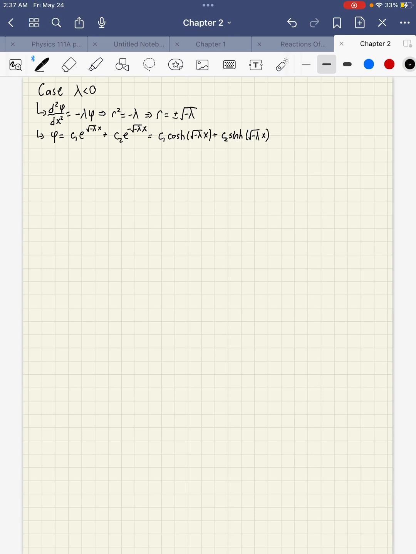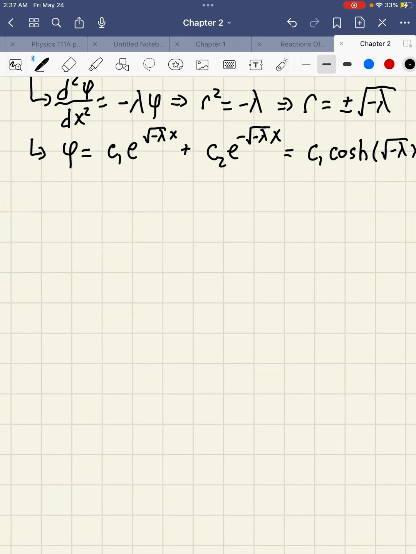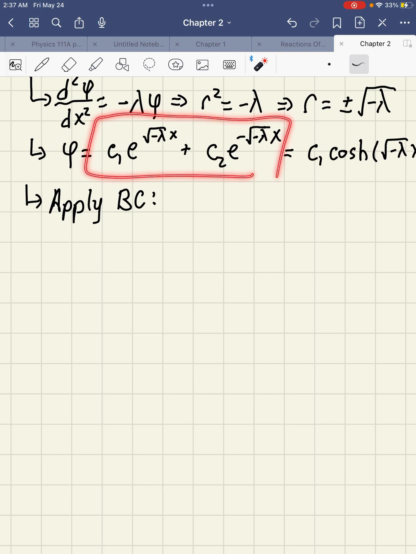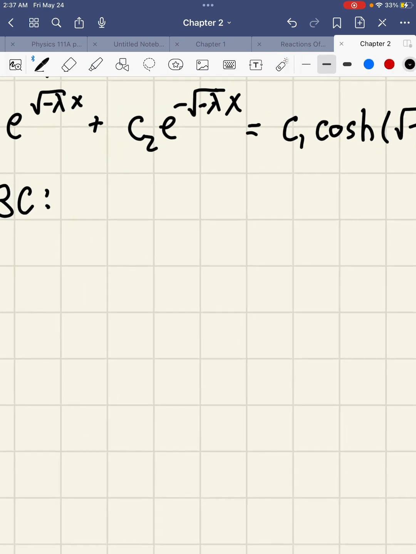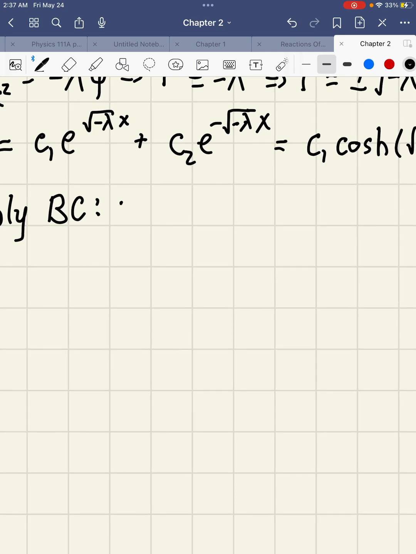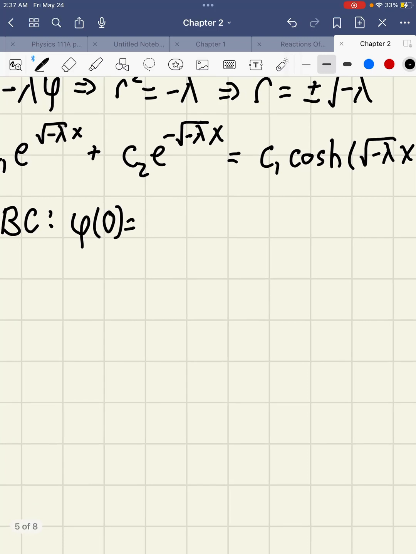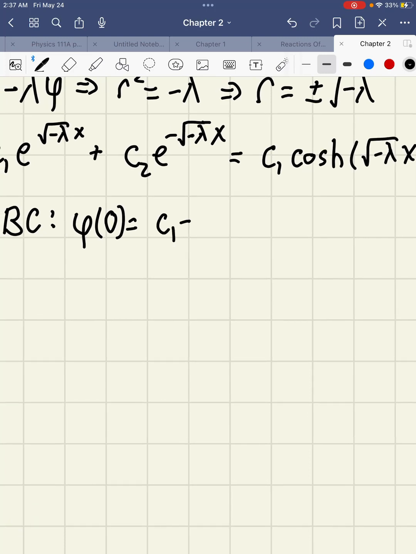Now, let's apply our boundary condition. I will apply it using the exponential form, which is much easier for me than doing hyperbolic functions. So phi of 0 is equal to C1 plus C2, that's equal to 0.